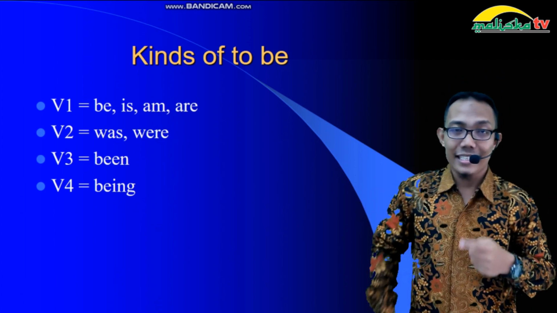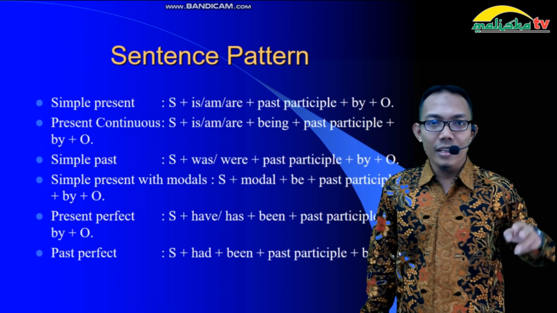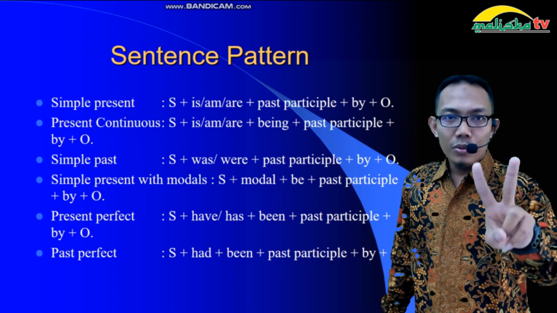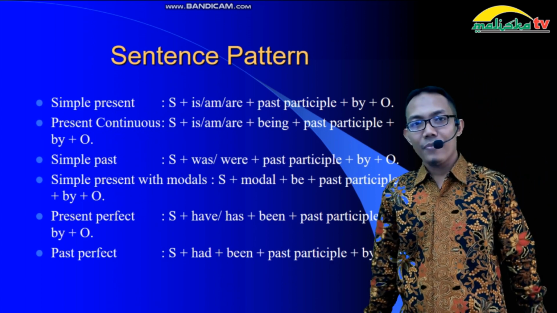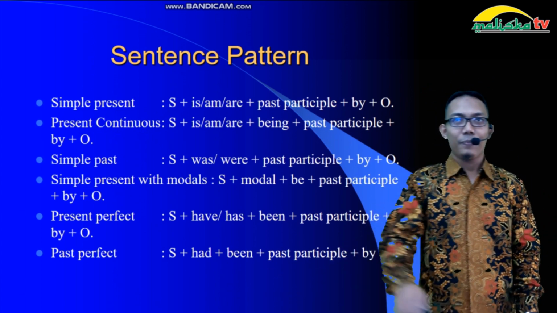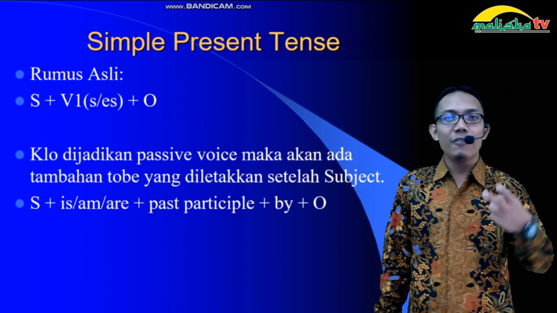Okay? Yes. Next. The sentence pattern here. I will explain to you two sentence patterns of tenses. For the first is simple present tense and then simple past tense. Now, simple present tense, rumus asli or the original formula.